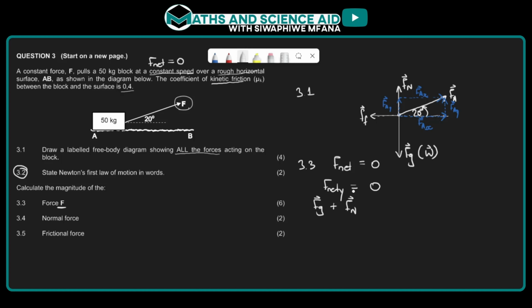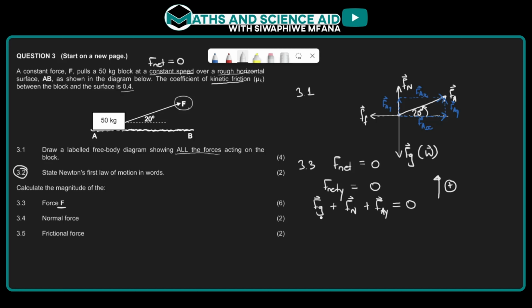Okay, and so the y component of Fa is also one of the vectors which contribute to the net force in the y direction. So we are also going to write it here. And all of these must be equal to 0. And now, if we choose upwards as our positive direction, we can show these forces as follows.